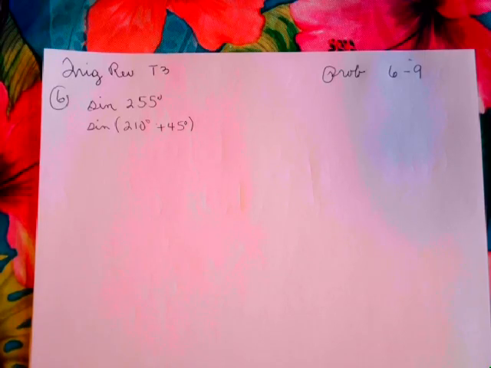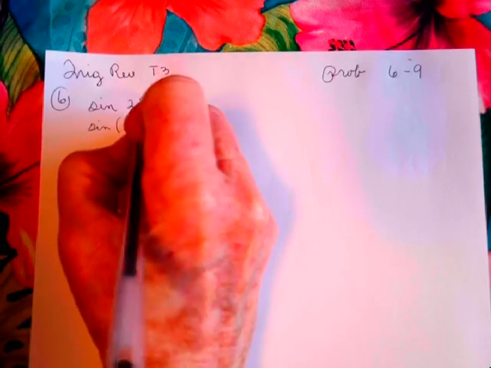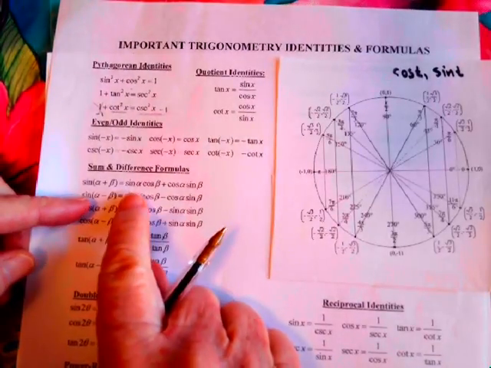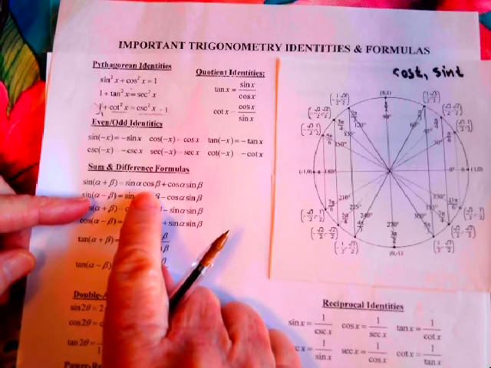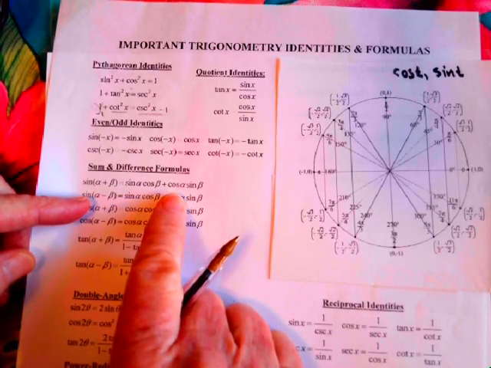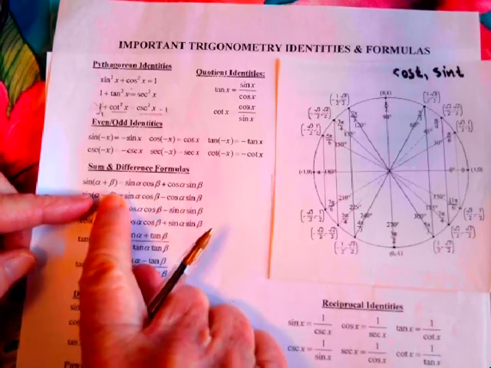We now look at the identity that we would use for sine of alpha plus beta. Write that formula down. Sine of alpha, cosine of beta, plus cosine of alpha, sine of beta. You just looked at this sheet and found that.